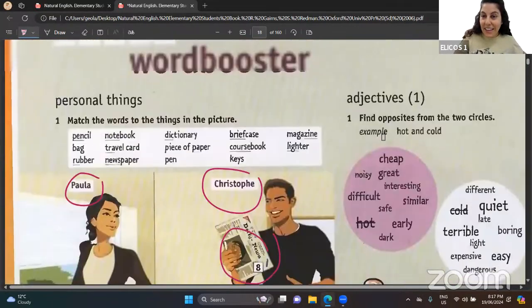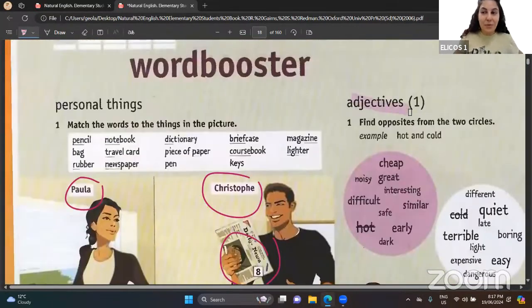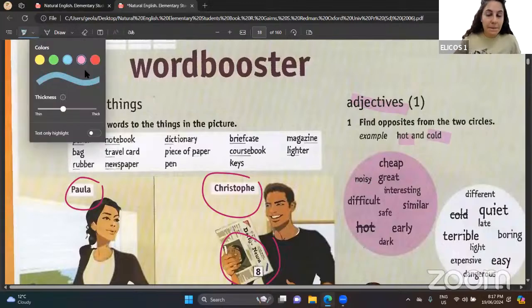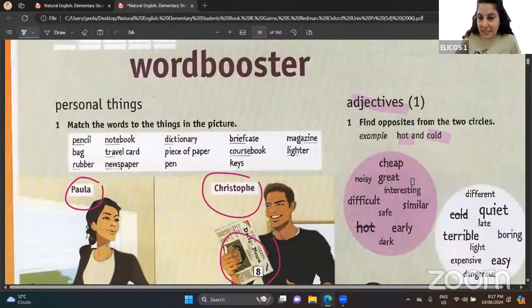Okay. Adjectives. Now we talked about the object, but if we want to say what it looks like, or we want to give information about it, we use adjectives. For example, hot, cold, cheap, noisy, great. These are all adjectives.